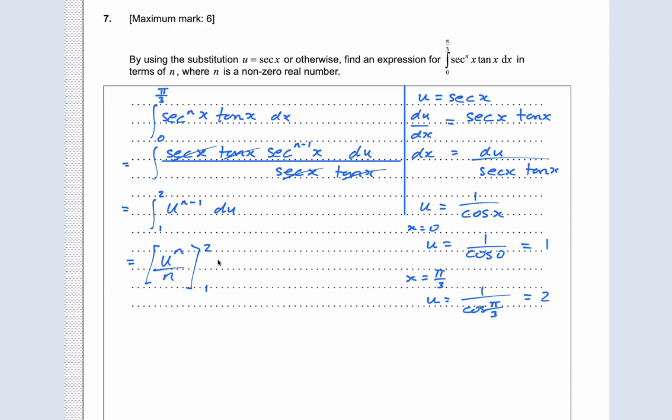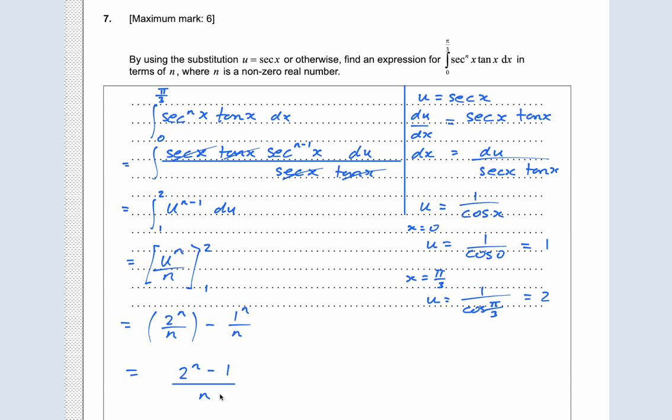So it's 2 to 1. So this is equal to 2^n over n minus 1^n over n, which is equal to (2^n minus 1) over n, because 1^n is 1. And that's it. That's the answer.